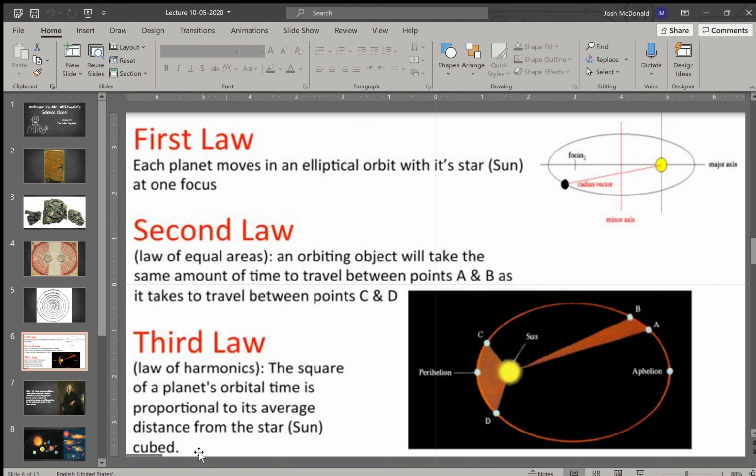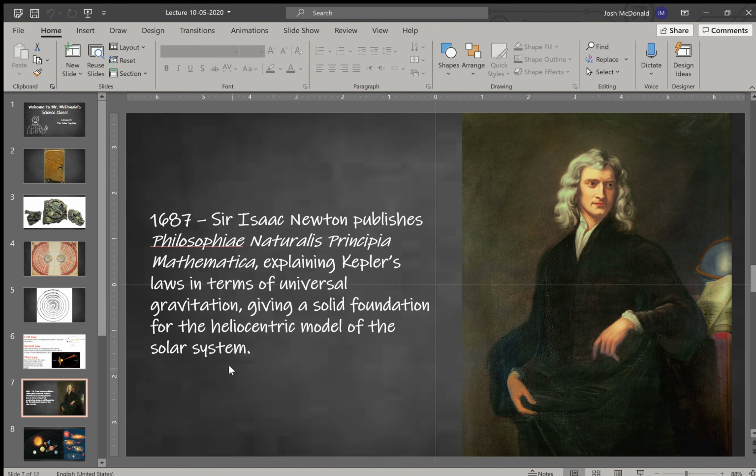And then in 1687, Sir Isaac Newton publishes his Philosophiae Naturalis Principia Mathematica. He took Kepler's laws of planetary motion and applied the understanding of universal gravitation to it.